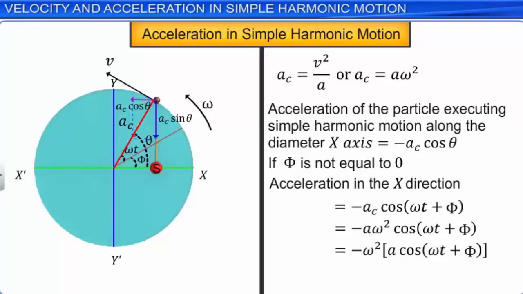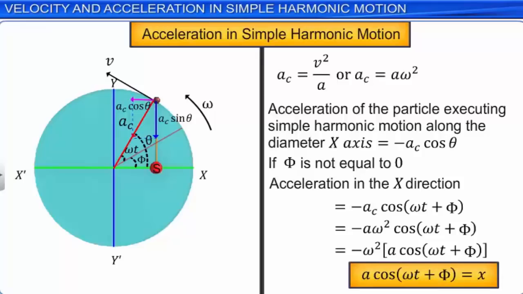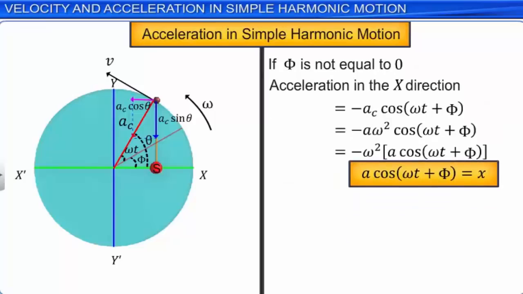The quantity a cos(omega t plus phi) is the displacement x of the particle executing simple harmonic motion. Hence, the acceleration of the particle executing simple harmonic motion can be written in terms of its displacement as minus omega square x.